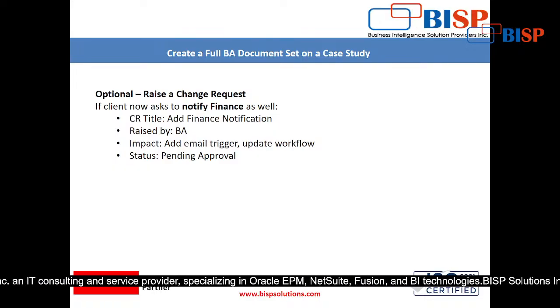Now again the same thing, because you have to inform the finance team also, so you have to put the email trigger, you have to put the email of that particular stakeholder, and then update the workflow, because I have written the workflow for this particular process. So status equal to pending approval.